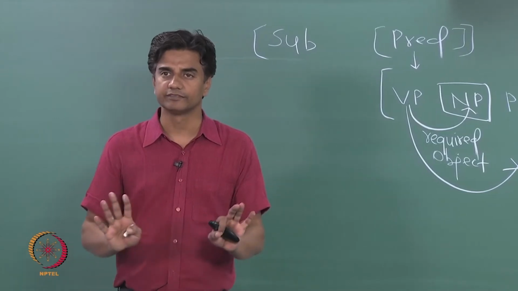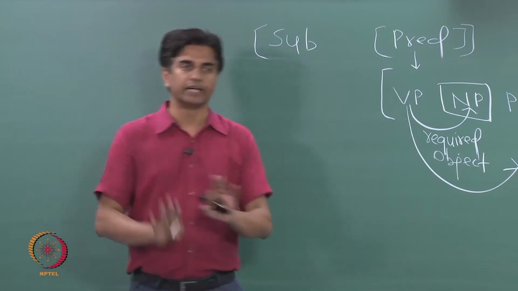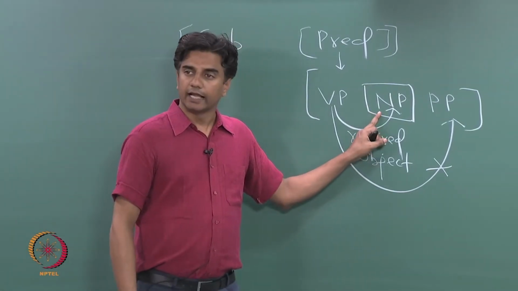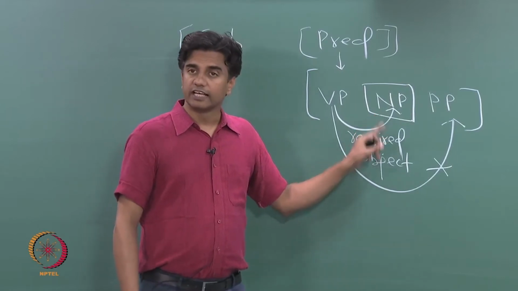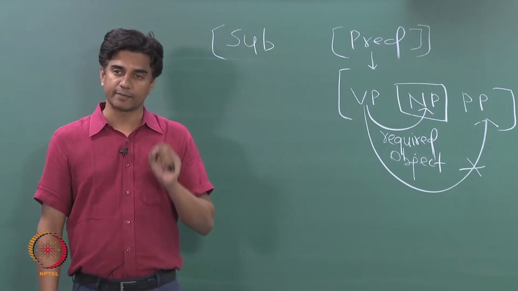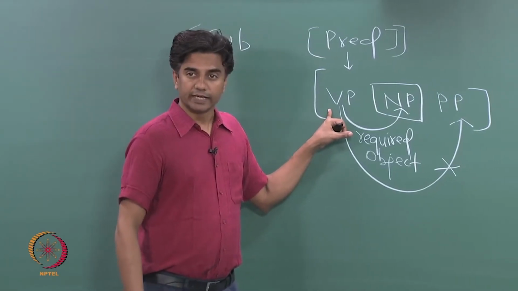Not a difficult thing. We have talked about this thing again without the name of this thing. If I tell you this is an object and this is a required element, in other words, this is a sub-categorized NP of this VP, right?